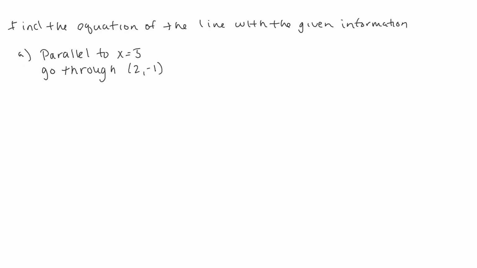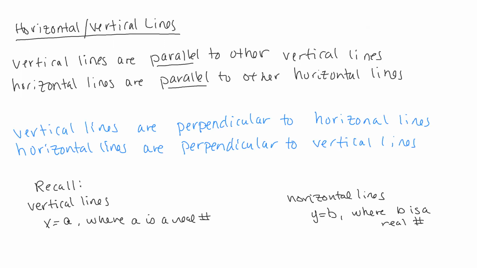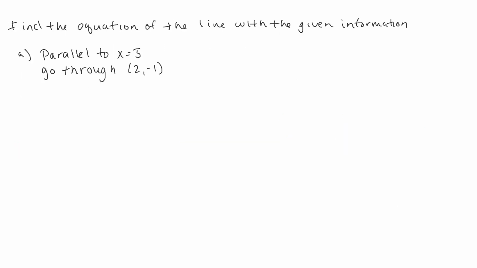Well, what lines are parallel to vertical lines? We have a vertical line here because we've got the x equation and no y. And vertical lines are parallel to other vertical lines, okay? So we know this is vertical, and it has to go through this point. The only x value we have is 2, so we would get the equation x equals 2.